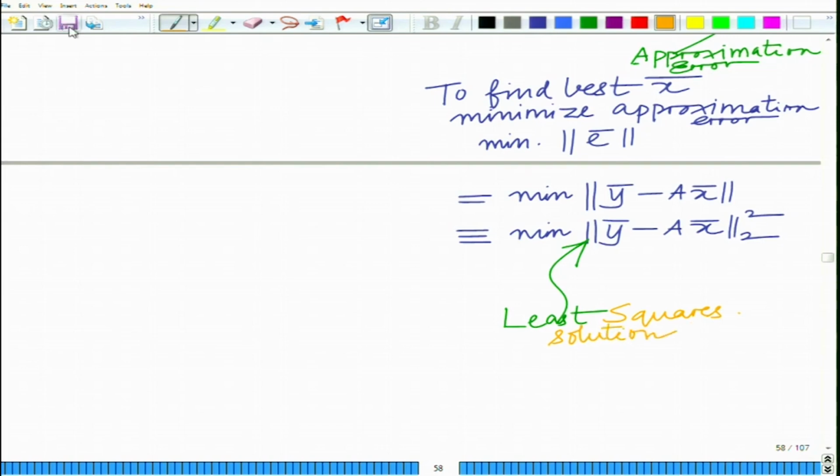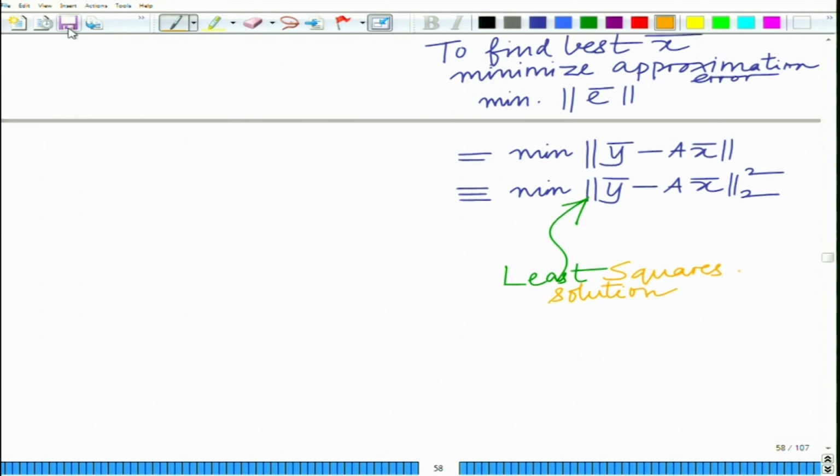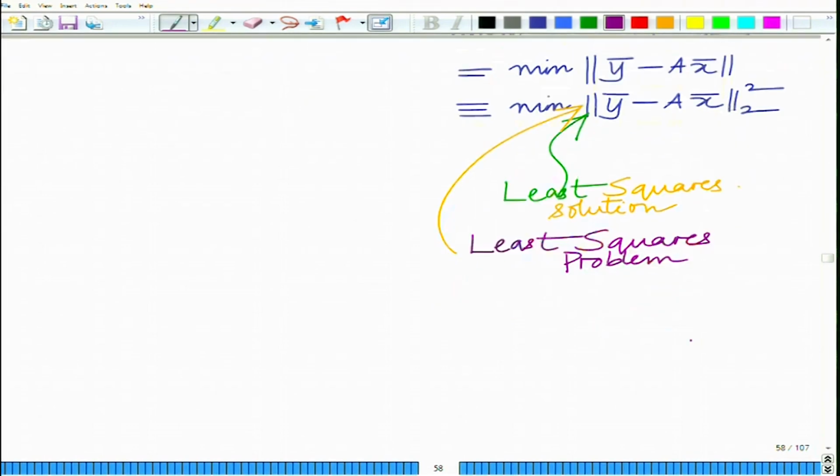This is known as the least squares solution, or the least squares problem in fact. It is very popular in communications.